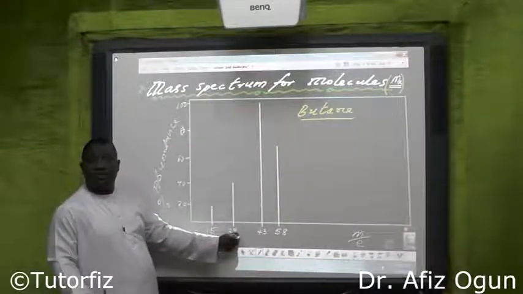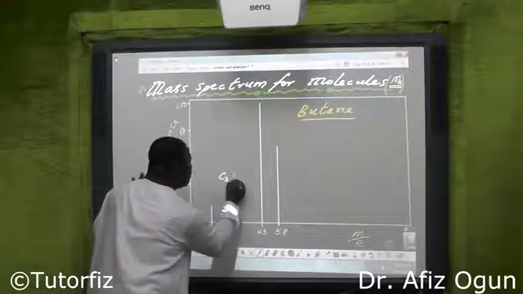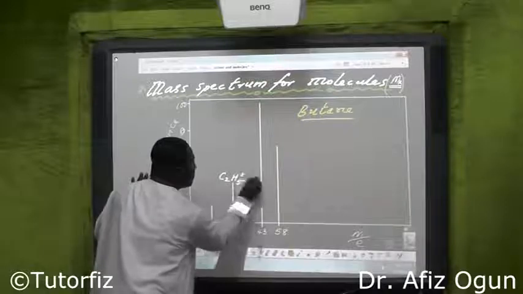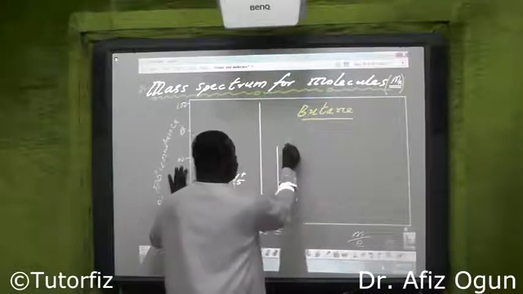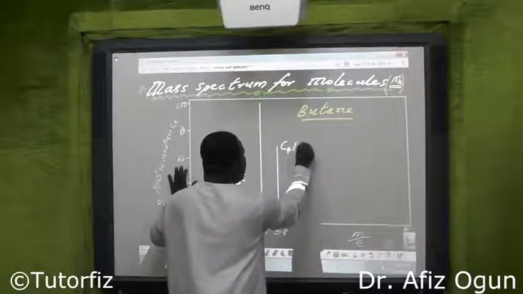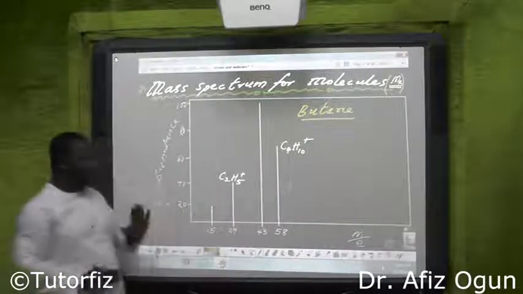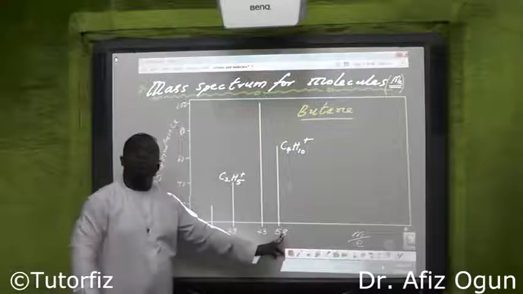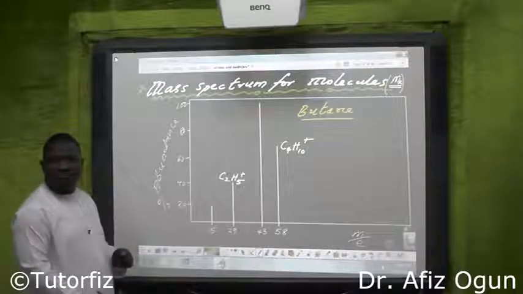That is what is responsible for this, C2H5 plus. That's one possibility. Don't forget, this is our full C4H10 plus. That's our main molecule. So this is a fragment.